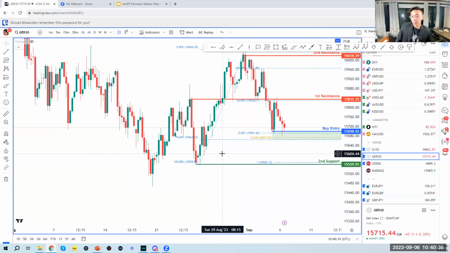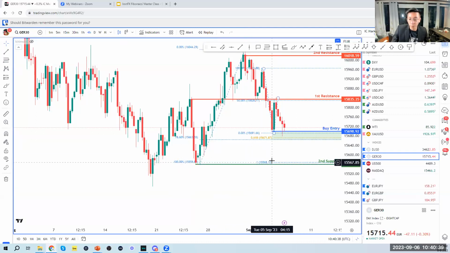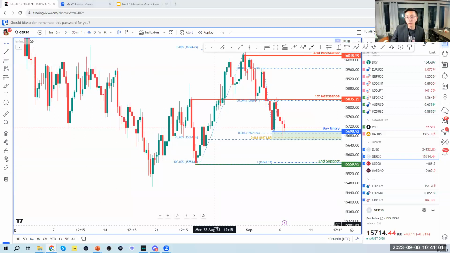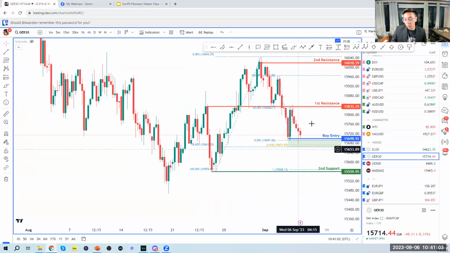In this area, we also have the 100% fib projection at this swing low, which shows that this swing low is pretty significant and you shouldn't take it too lightly. With the combination of these factors, it shows that there is fib confluence here. Then you can actually take a position where you feel that it's going to go up.